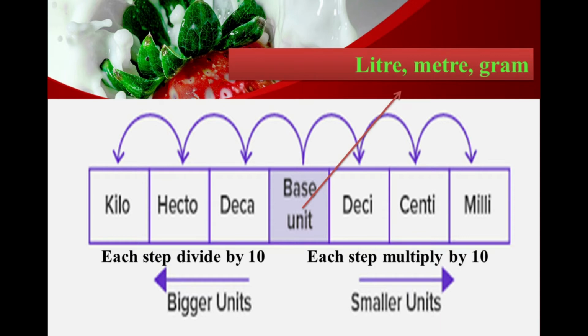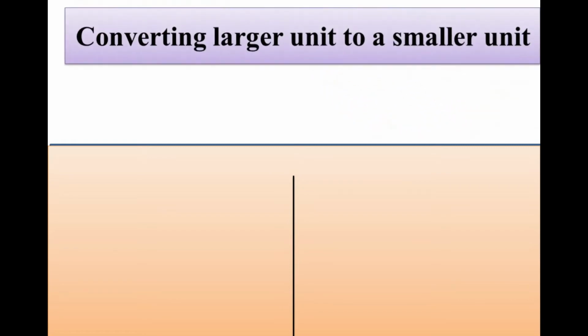Kilo, hecto, deca. And smaller units than the base unit are deci, centi, milli. Converting larger unit to a smaller unit. To convert from a larger to a smaller metric unit, multiply the number by a power of 10.